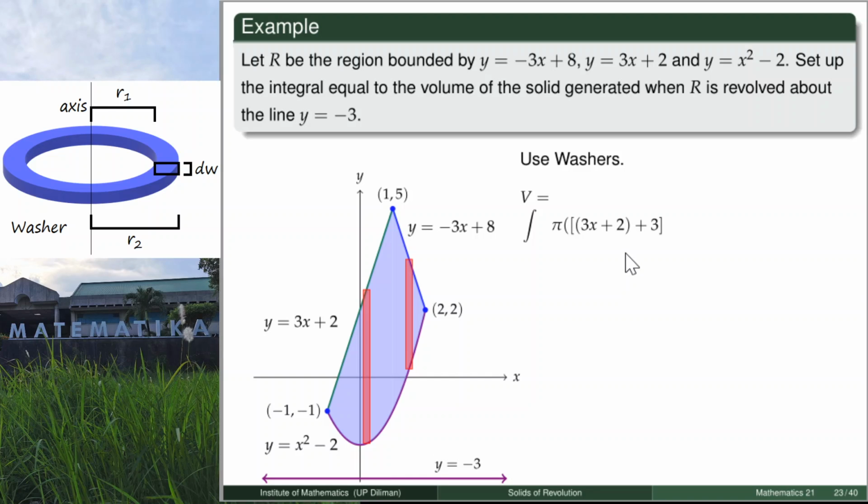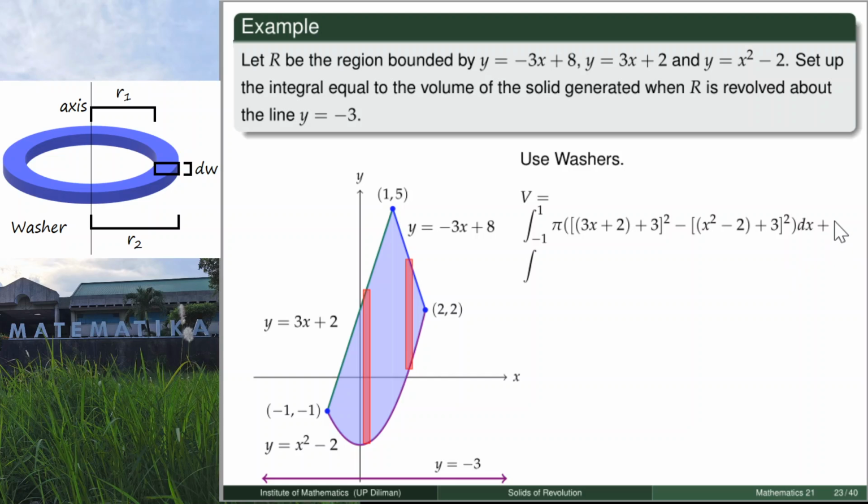So this is the outer radius squared. There you go. And then minus the inner radius is from here until here. So the inner radius is x squared minus 2 minus -3. Okay? Or plus 3. And then square that. Then you have dx, and this is from -1 to 1.